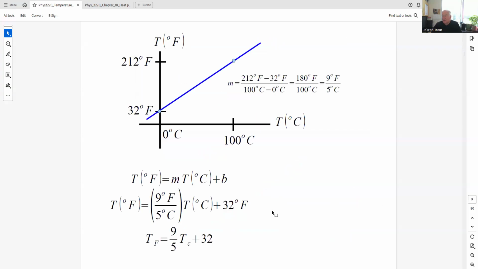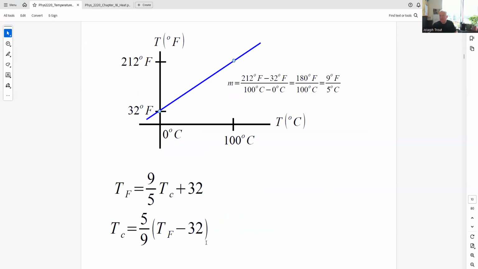So if we're looking for the temperature in Fahrenheit and we know the temperature in Celsius, it's just 9/5 the temperature in Celsius plus 32. Or we could solve that for the temperature in Celsius. Temperature in Celsius is 5/9 times the temperature in Fahrenheit minus 32. So first subtract 32 and then multiply by 5/9.